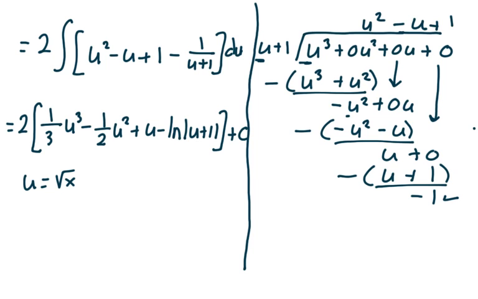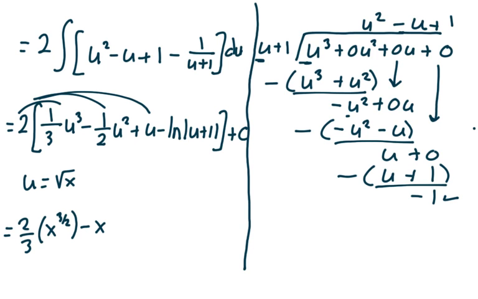And at the same time, I'm going to distribute the 2 in. So I get 2/3 times x to the 3/2 minus x plus square root of x minus natural log of square root of x plus 1 plus c.